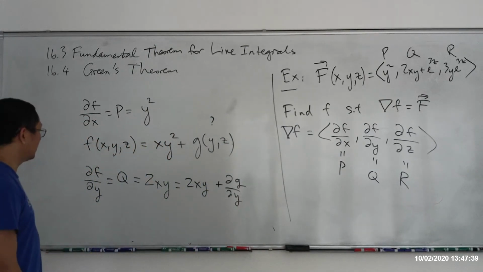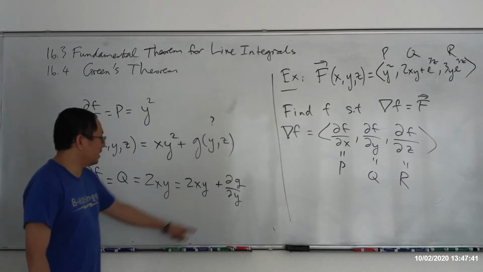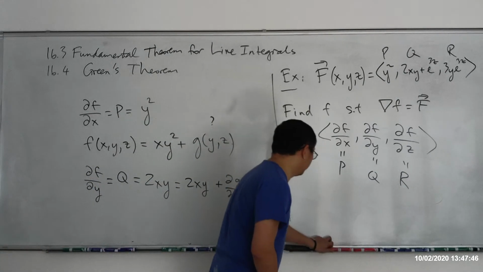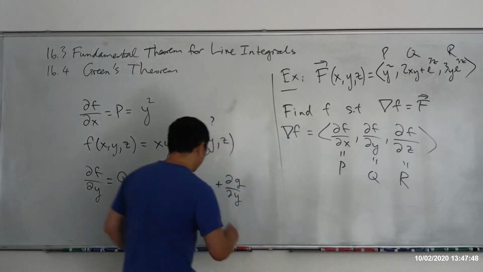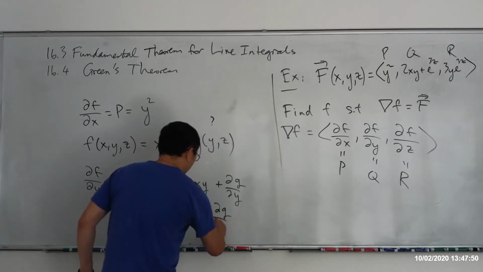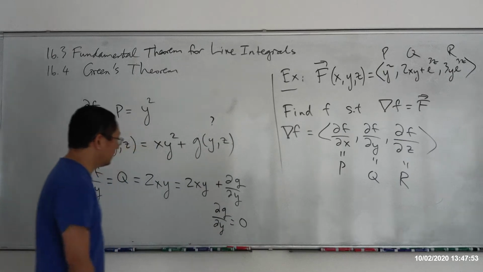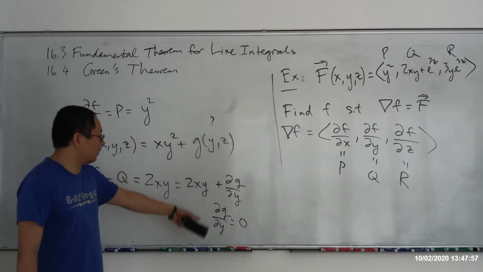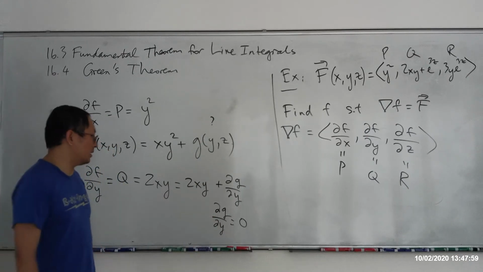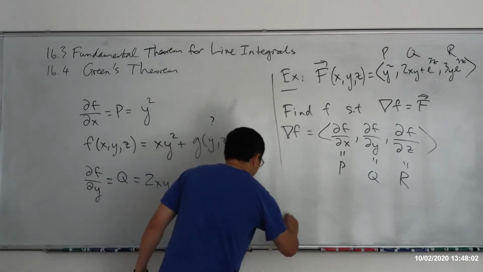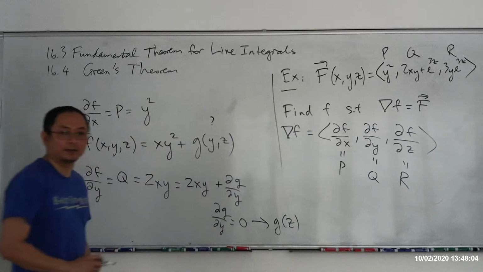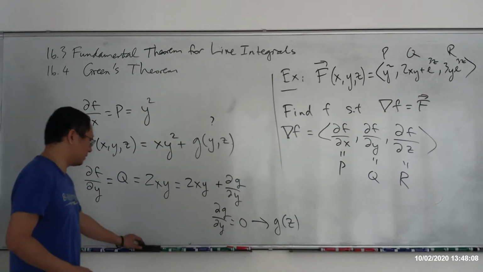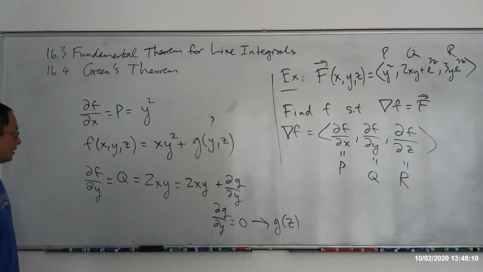Okay? And that's equal to 2xy. Means what? dg over dy is going to be equal to 0. It means what? This is going to be a function of z only. There's no y in there, because when you take the derivative with respect to y, it's 0. Means what? g is a function of z only. There's no y, because z is considered as a constant if you differentiate in terms of y.